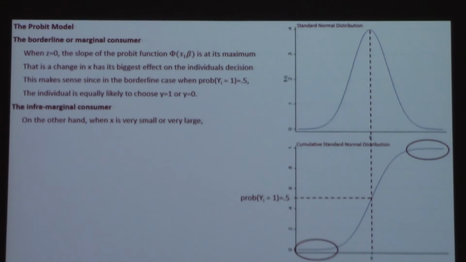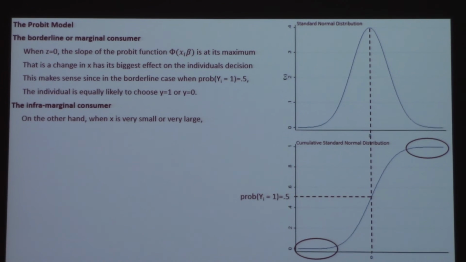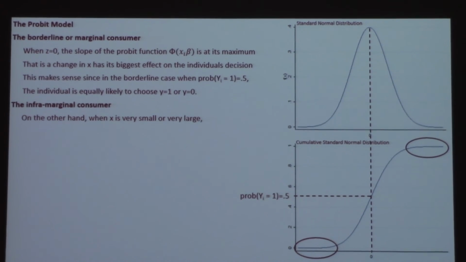And notice that, unlike a linear demand curve, remember, the slope of a linear demand curve is what? It's constant. It doesn't change. That is, the effect of price here is the same as here, and the same as there. So on a linear demand curve, the effect of the independent variables is constant. They're everywhere the same.